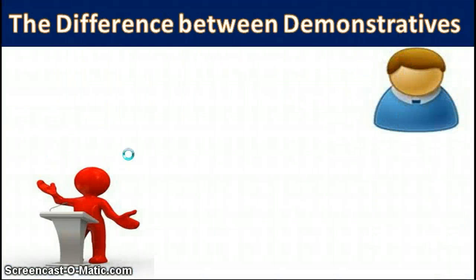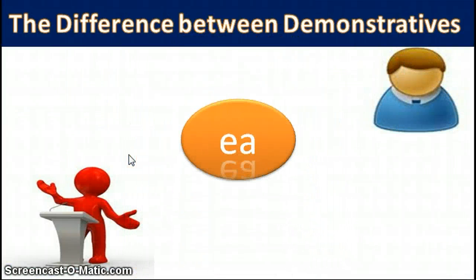Moving on, we see the difference between demonstratives. Ea can be translated as him, her.